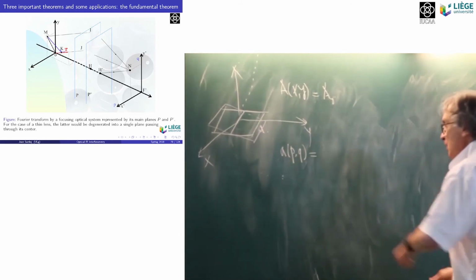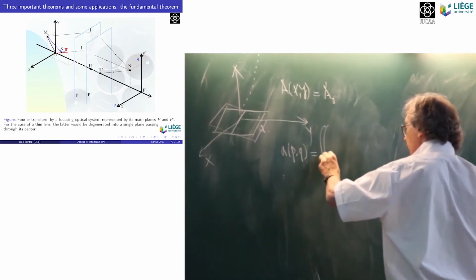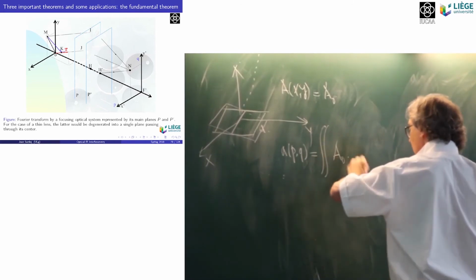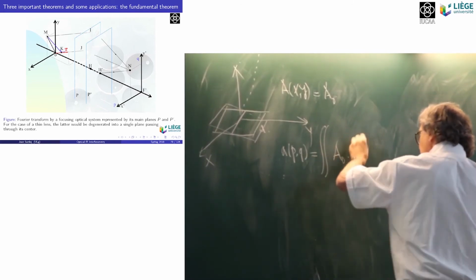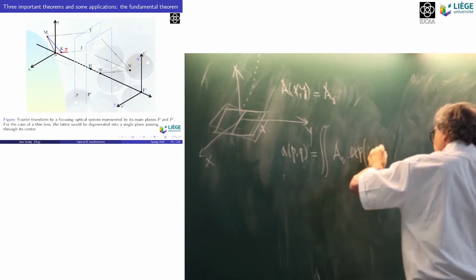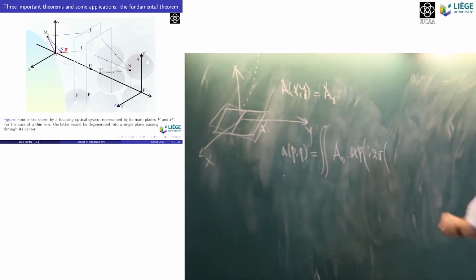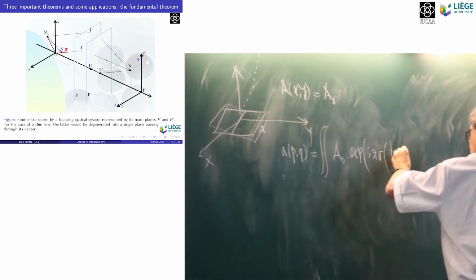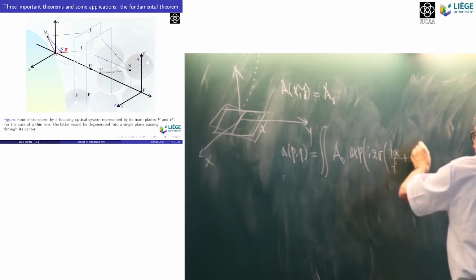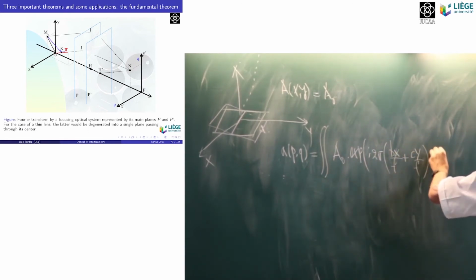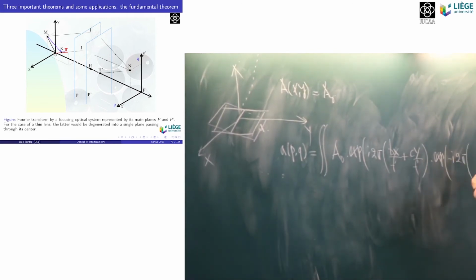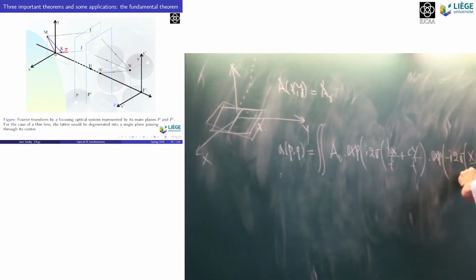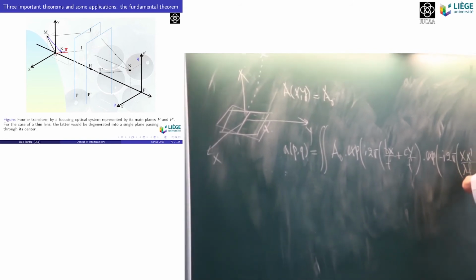A(p,q) is equal to the double integral of A0 times exponential of i 2 pi multiplied by b times x over f plus c times y over f, and now the Fourier transform exponential of minus i 2 pi of x prime over lambda f plus y prime over lambda f.